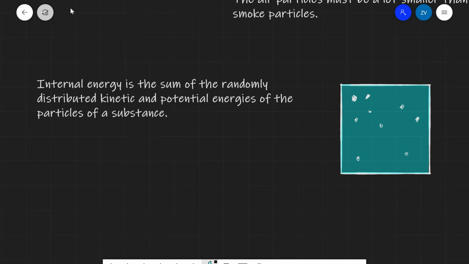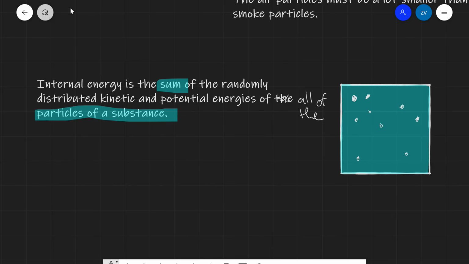A few particular points. It is the sum, so it's not just the kinetic, it is the sum of the kinetic and the potential energies of all the particles of a substance. The last bit is really, really important. I'm even going to add the "all" here: of all of the particles of a substance.